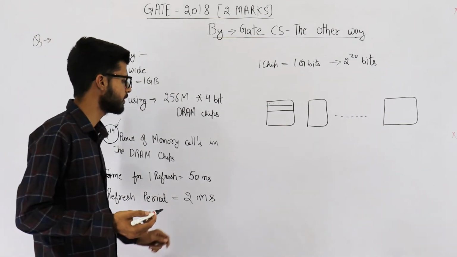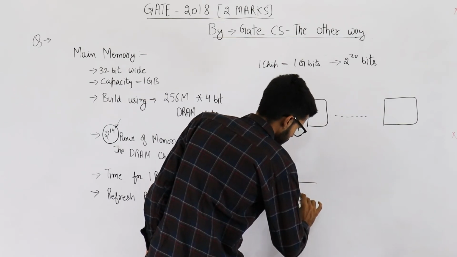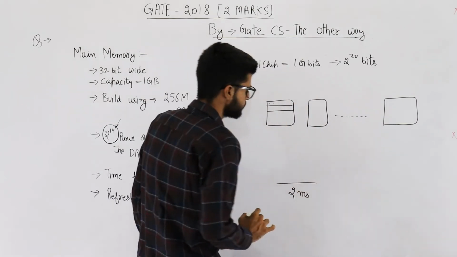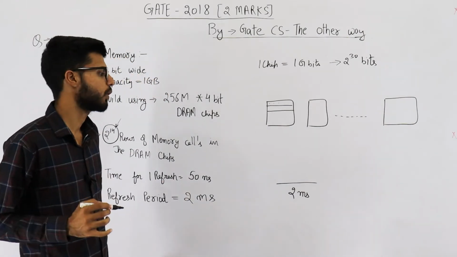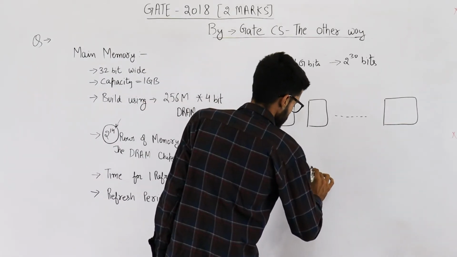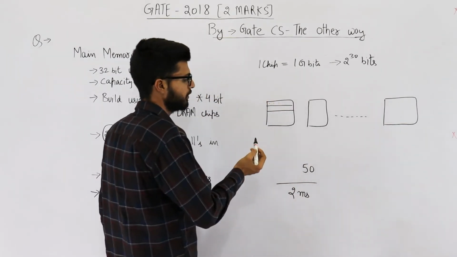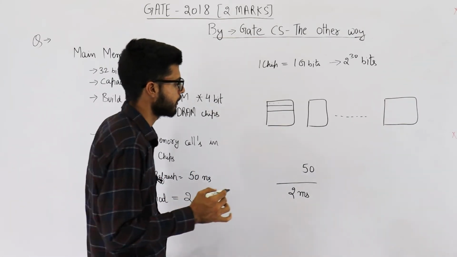Anyways, now let's find its answer. So refresh period is 2 milliseconds. 50 nanoseconds are required to refresh one row.